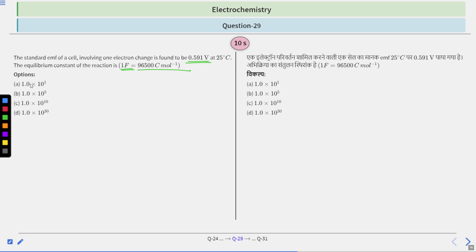Options are 1 times 10 to the power 1, 10 to the power 5, 10 to the power 10, or 10 to the power 30. We have to find out the equilibrium constant. We have given the standard EMF of a cell, which is this much. So you have 10 seconds to solve this question. After that, we will see the answer.